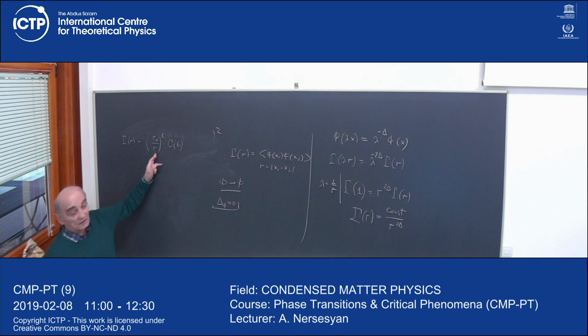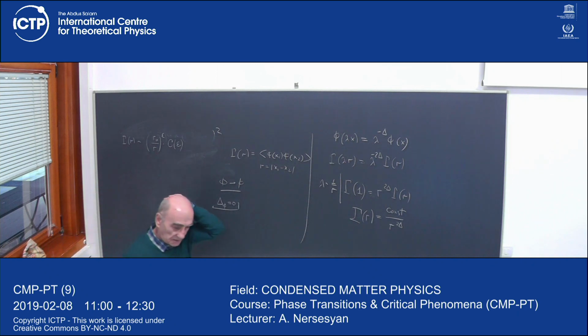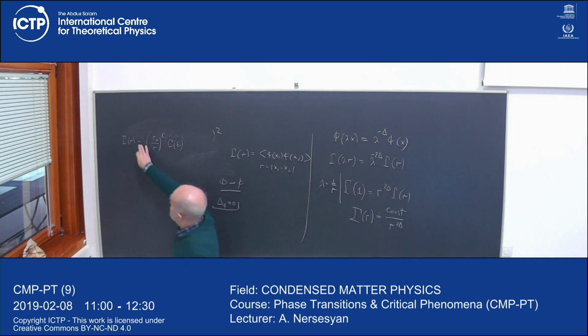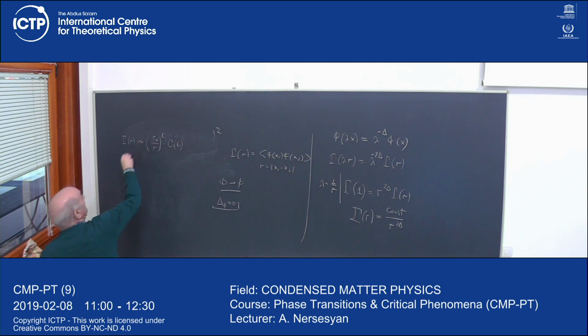First, I made the length dimensionless. I measured the length in units of some minimal length, lattice spacing, suppose. Secondly, I multiplied this correlation function. Well, it's not still equal. It's the behavior at distances much greater than R naught.